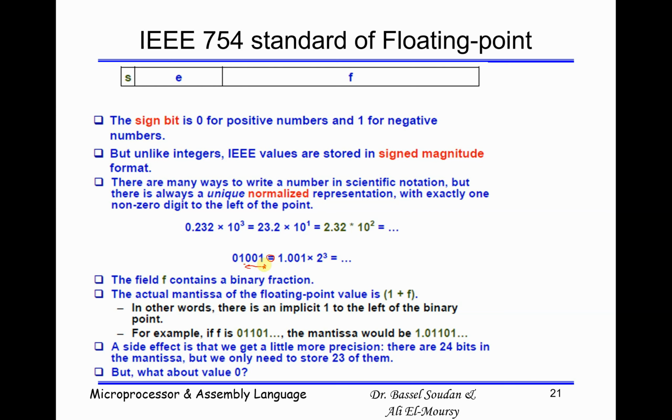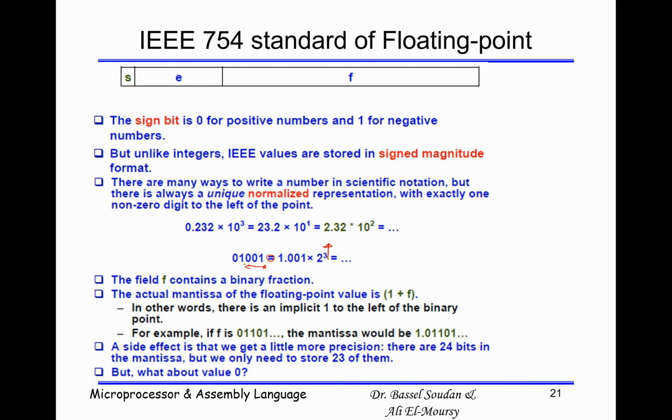If I'm shifting the point to the left, that means I have to raise the power of 2 by the same amount. I did 3 shifts, so I raise it to the power 3. So my original number 10010 is equivalent to 1.001 multiplied by 2 to the power 3.